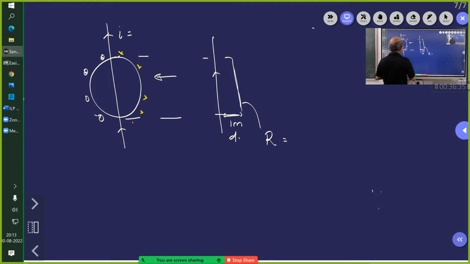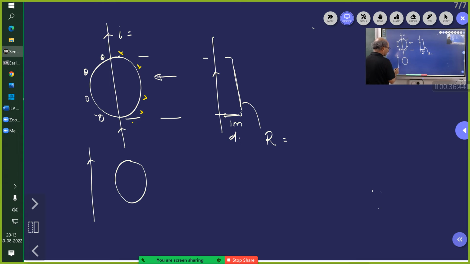Let us have the conductor like this, and suppose I have the coil like this. The plane of the coil is parallel to the conductor, and the distance of the center is also 1 meter.